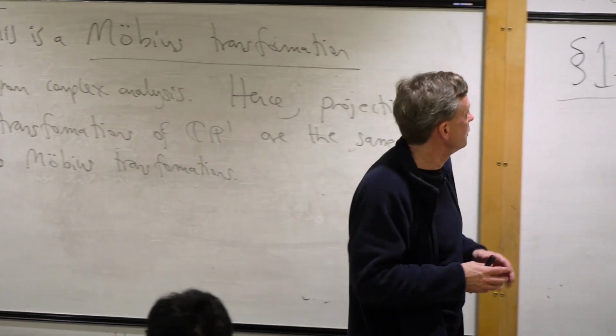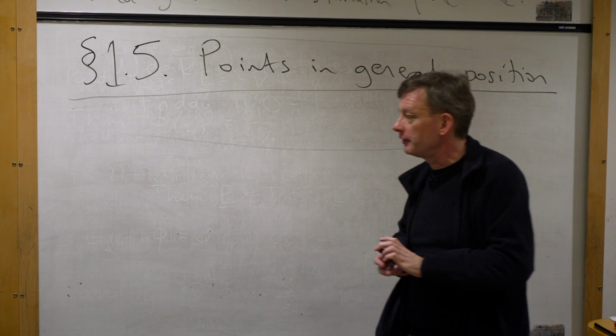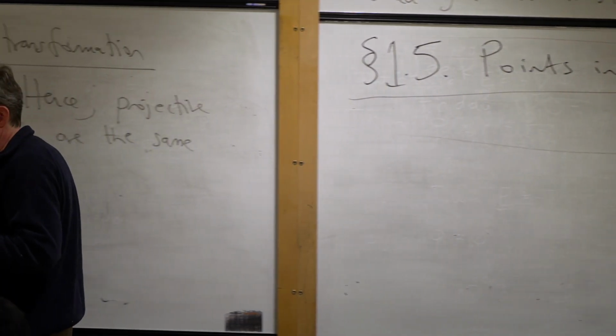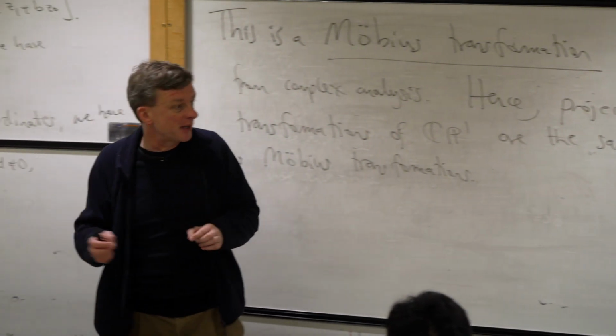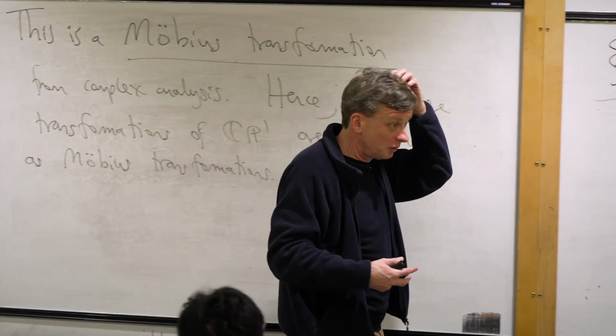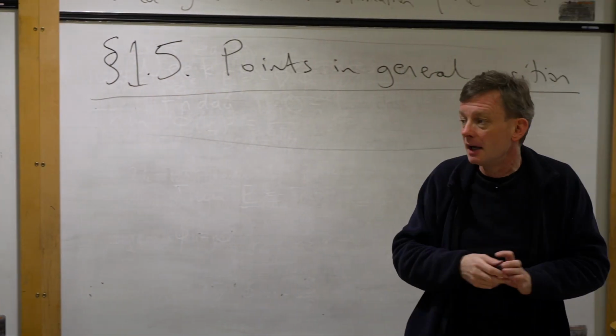Okay, so we know that for a finite dimensional vector space, the concept of a basis is very useful. And a basis in an n-dimensional vector space is a choice of n vectors satisfying some non-degeneracy conditions, if you like, linear independence.